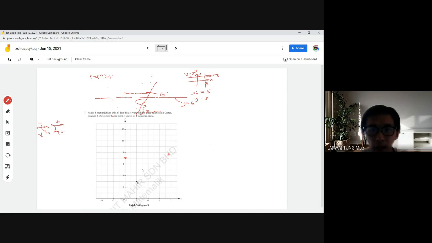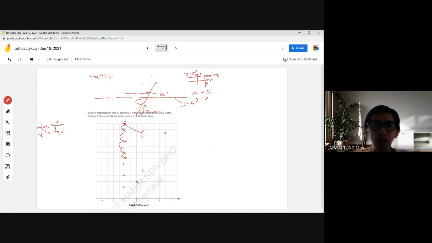Okay. So just now we stopped at this point, right? We stopped at this point after we moved 4 units to the left, and now we want to move 6 units up. So we go 1, 2, 3, 4, 5, 6. So it should stop here. Okay, stop at this point.